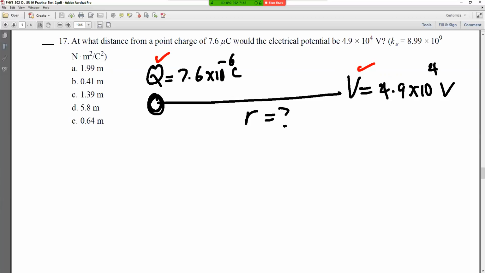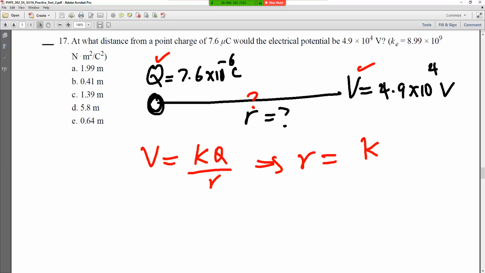You don't know R. How could you find R? V equals KQ over R. So that means R equals KQ over V.